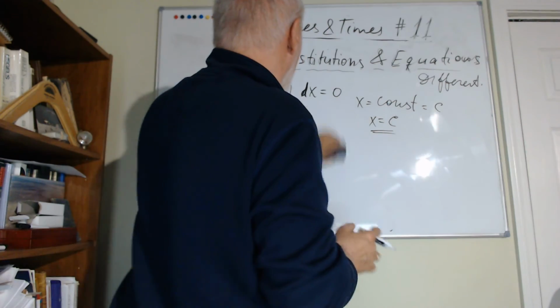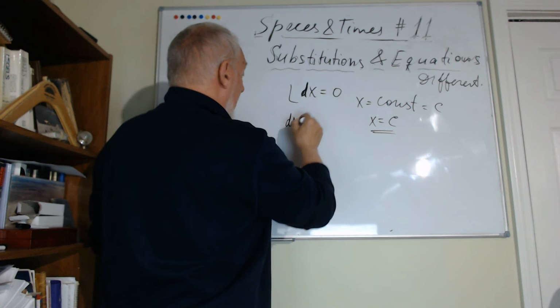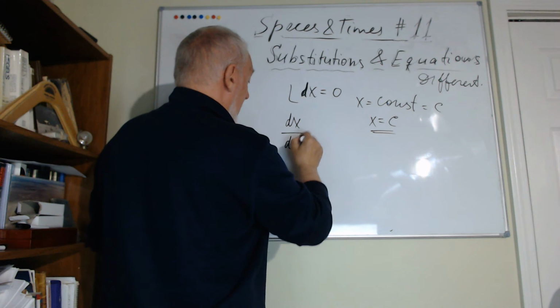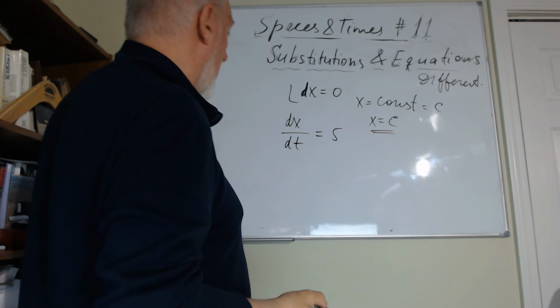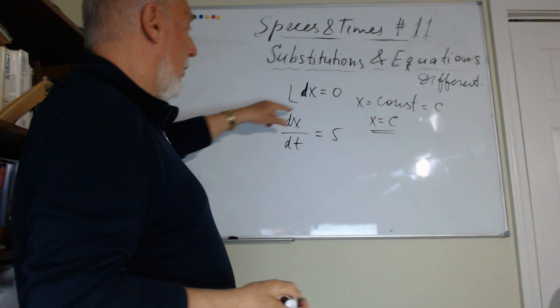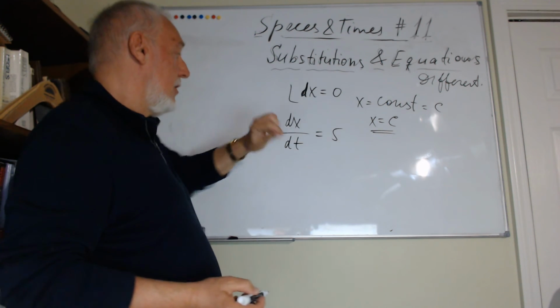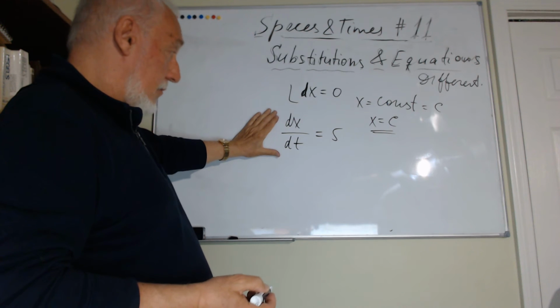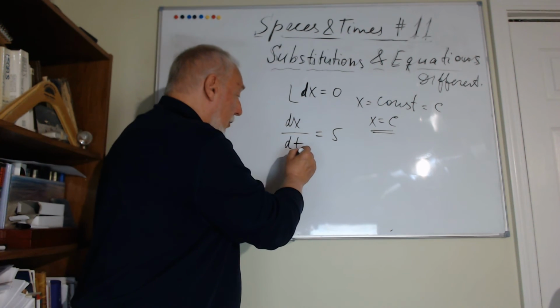So usually they do it like this. Because they need to know what function it is, they write it like this. You can write dx by dt equals 0 and this will be the solution. This is a more correct writing, because the argument of the function x is mentioned.